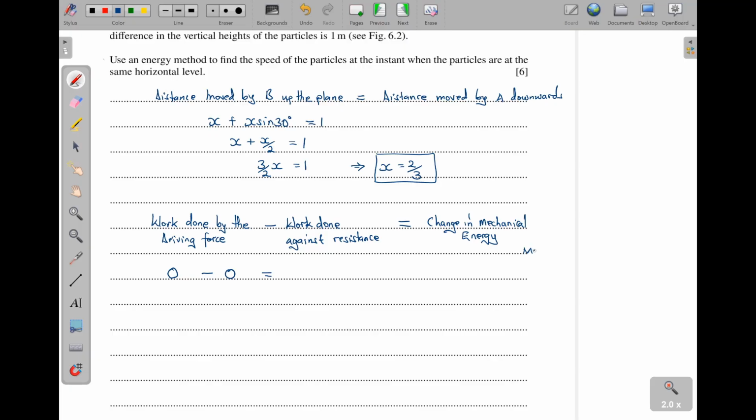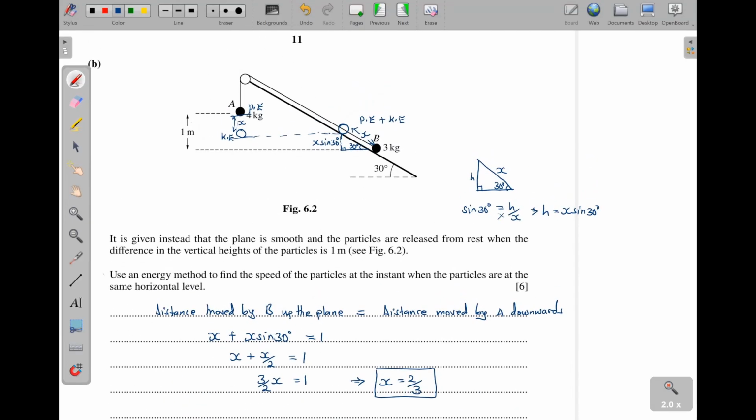is equal to potential energy plus the kinetic energy. Now we get the final mechanical energy minus the initial mechanical energy. So for the final, A will be having kinetic energy. The final position of B is here, it will be having potential energy and kinetic energy.